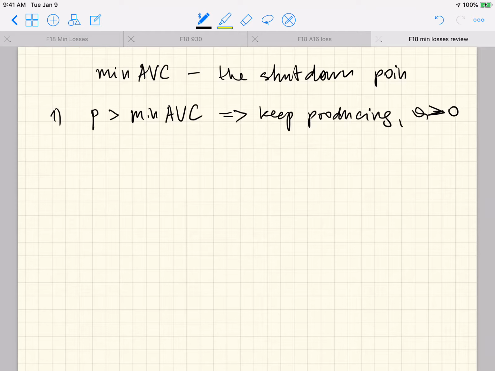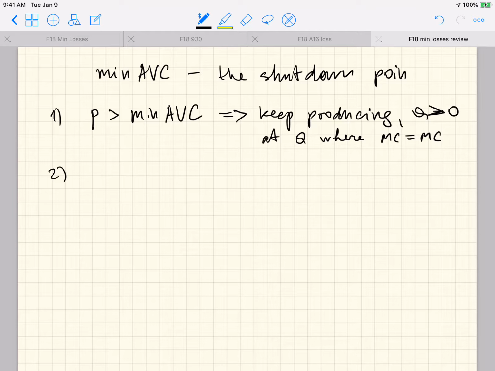Well, a rule we learned earlier still works. Basically, keep producing at Q where marginal revenue meets marginal cost. We saw this rule earlier when we talked about profit maximization.